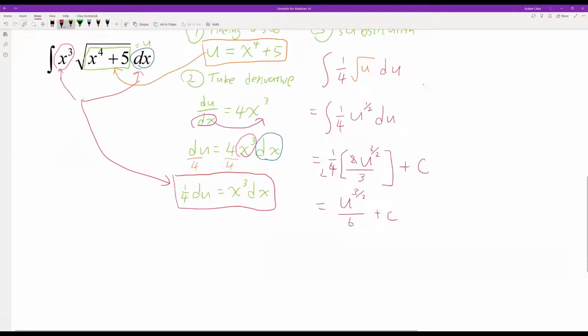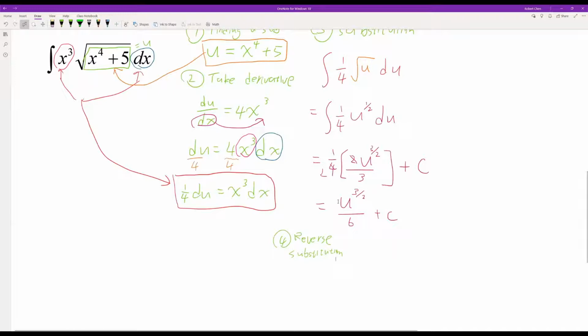Here comes our 4th step, which is the reverse substitution. Now, once you have done the integrating step, we want to rewrite u back with our original expression, which is x to the 4th plus 5, right, up here.